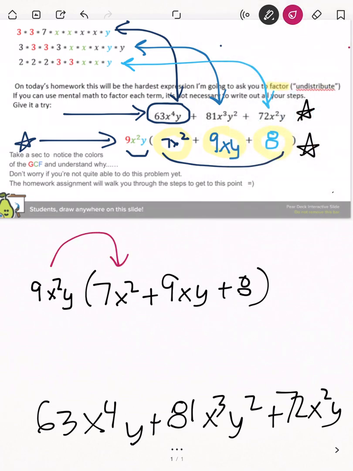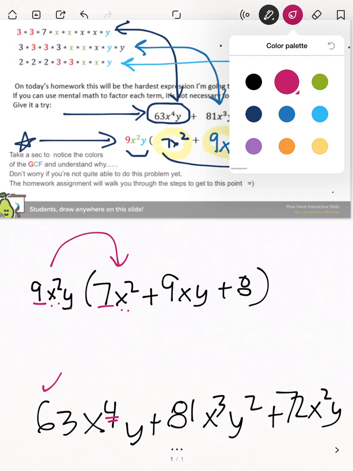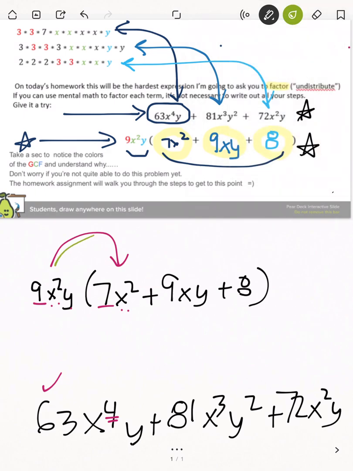When I distribute this, the 9 times 7 is definitely 63. 2x is here, 2x is here, definitely x to the 4th, and 1y there, 1y there. This term checks out. When I look at the next term, and I distribute here, the 9 times 9 is 81.